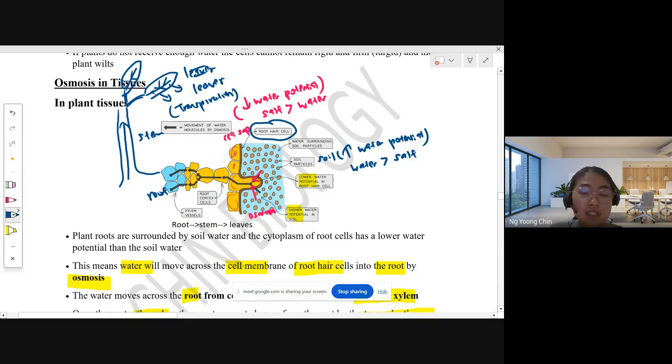Once the water is lost from the leaf, there will be an empty space for water, right? So in order to fill the space, a transpiration stream is created from the roots to the stem, in order to replace water lost from the leaf.